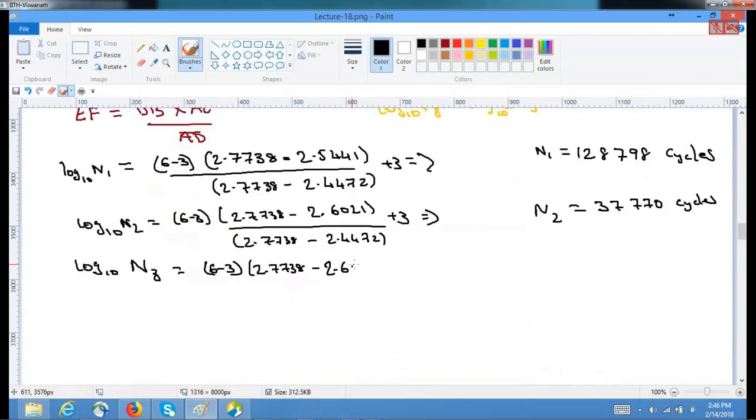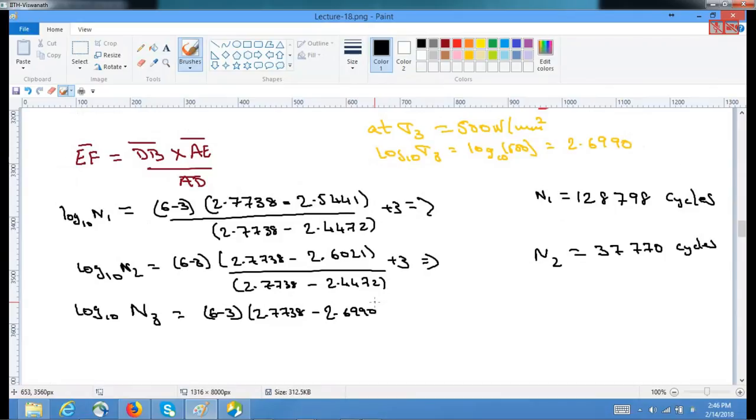Sorry, the last value is 2.6990 divided by 2.7738 minus 2.4472 plus 3, which is 4,865 cycles.